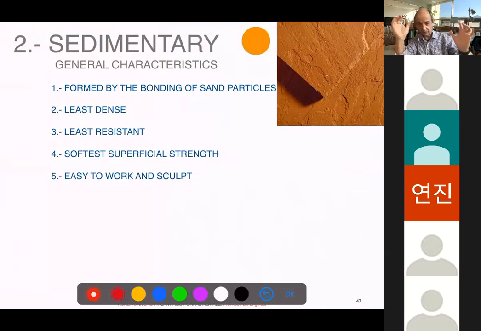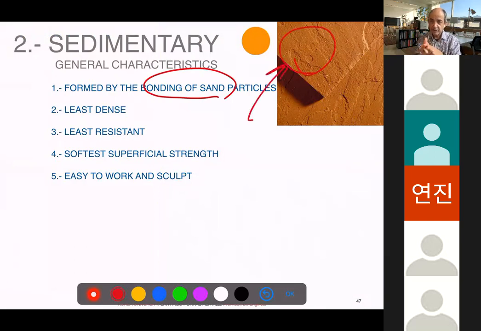So for igneous, only those two. Let's go to sedimentary, which is a very large group also. As we said, this is just the bonding, the gluing together of sand particles, very thin or thicker. And actually, if you see the material, the texture is very sandy. It looks like you could scratch it and have those particles come out. This is like the opposite pole to the igneous.